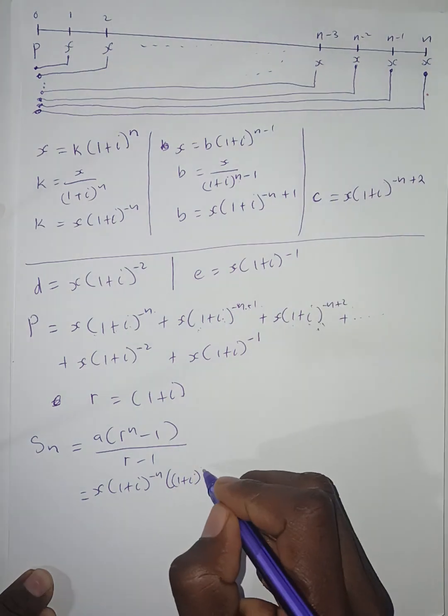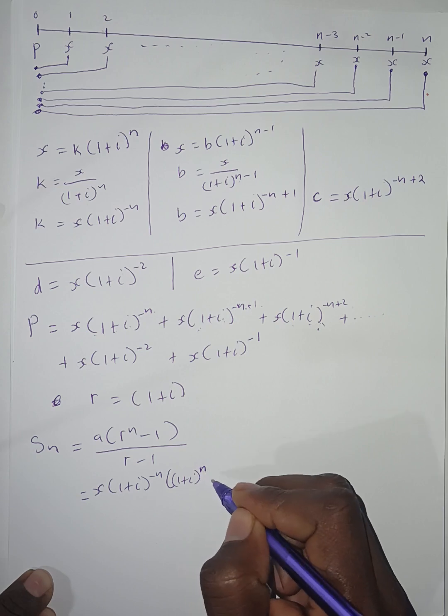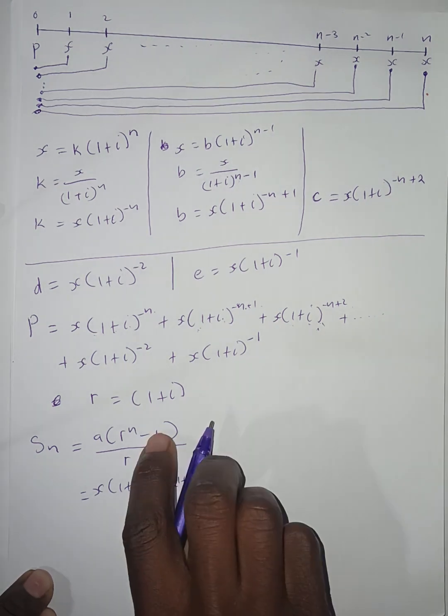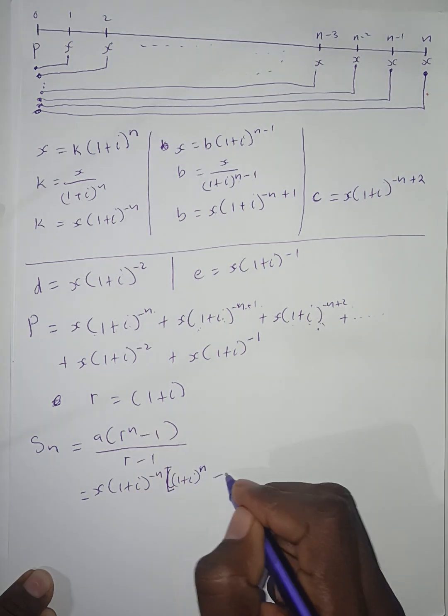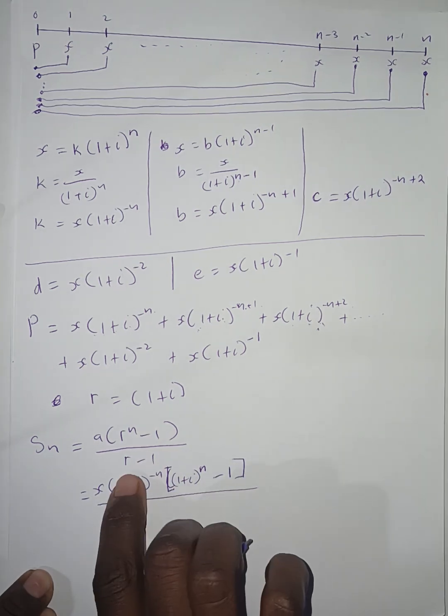So I'll change that to a square bracket, with a negative 1, and all of that must be divided by r minus 1.